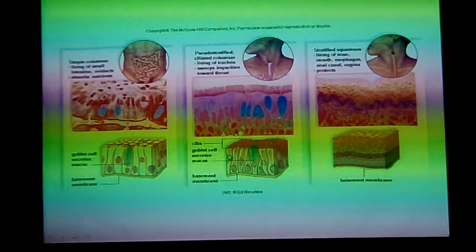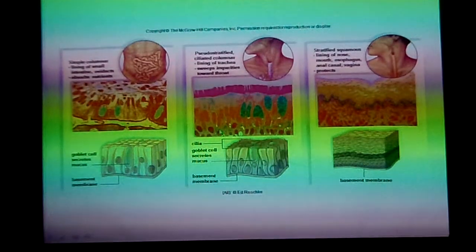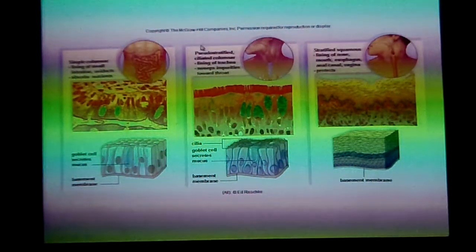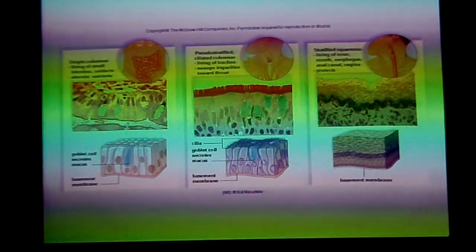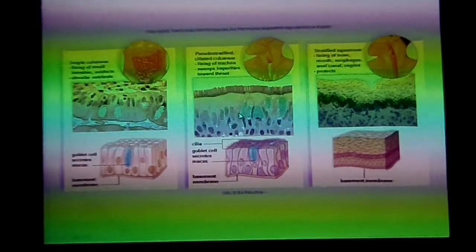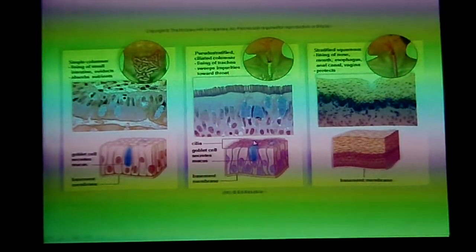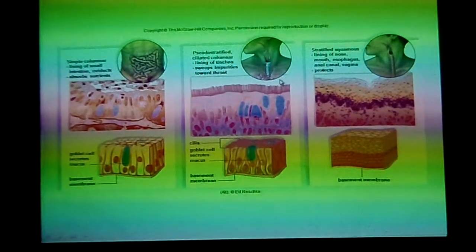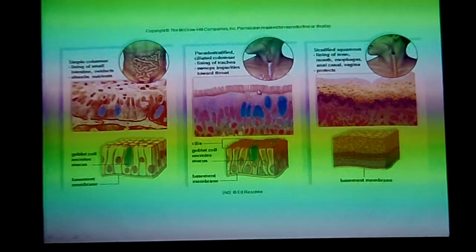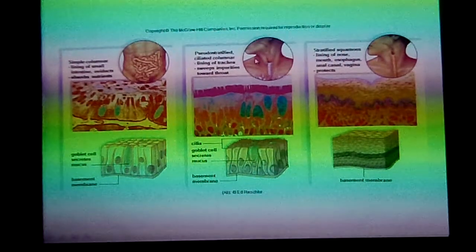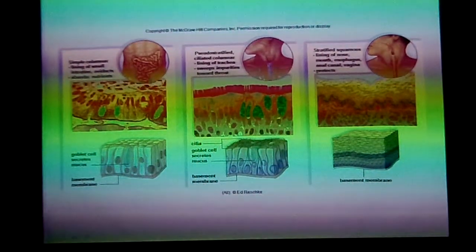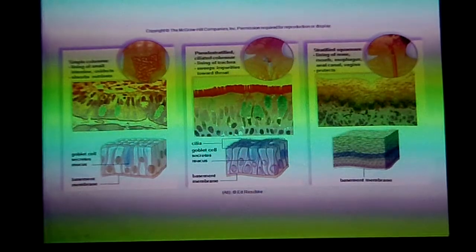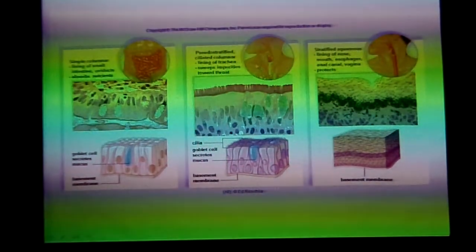Lining your airways are pseudostratified ciliated columnar epithelium. That's a lot of words there, but basically cells that have cilia on them. And these cilia will grab particles that are coming into your lungs, because, you guys are out smoking, I guess, or doing whatever y'all do at parties.